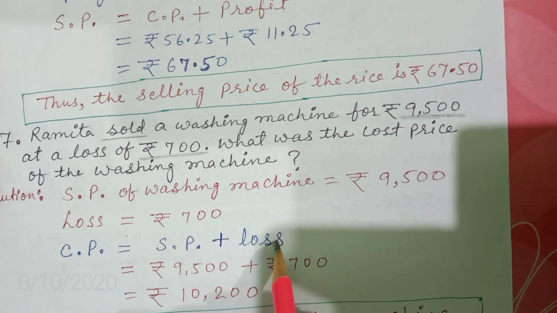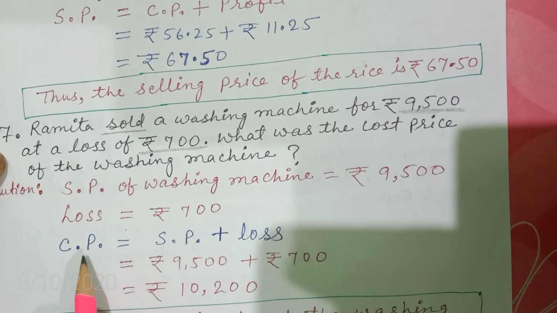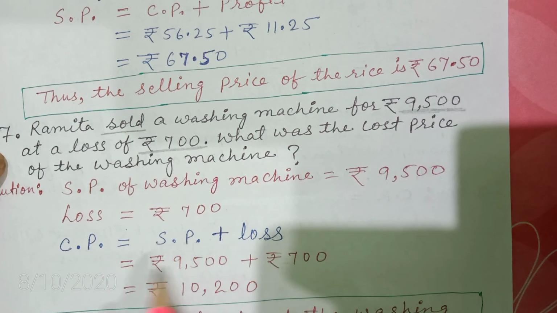In case of loss, CP इक्वल टू SP प्लस लॉस. अगर लॉस होता है किसी ट्रांजैक्शन में तो कॉस्ट प्राइस क्या होता है? सेलिंग प्राइस प्लस लॉस होता है, क्योंकि CP जो होता है, कॉस्ट प्राइस जो होता है, सेलिंग प्राइस से ज़्यादा होता है, इसीलिए लॉस होता है. तो CP इक्वल टू SP प्लस लॉस इक्वल टू रुपीज़ 9,500 प्लस रुपीज़ 700 इक्वल टू रुपीज़ 10,200.